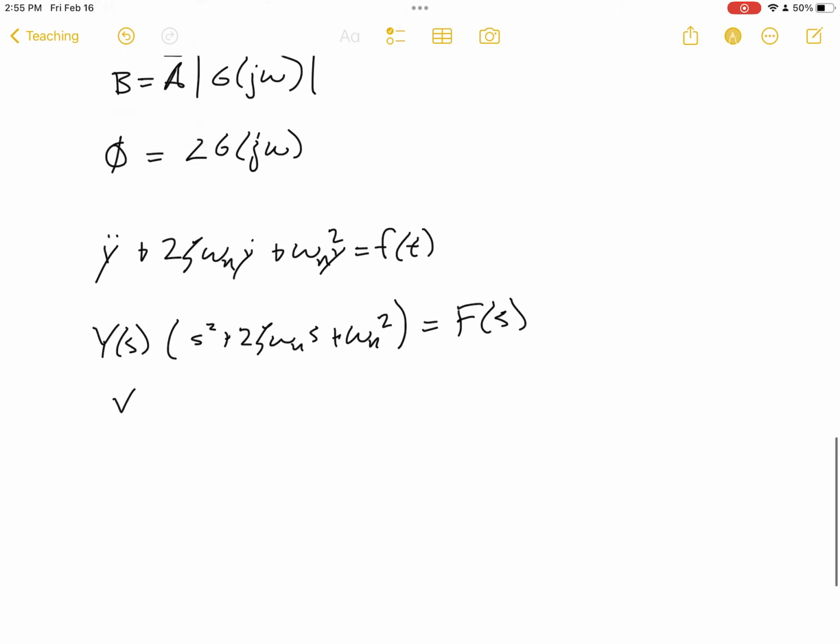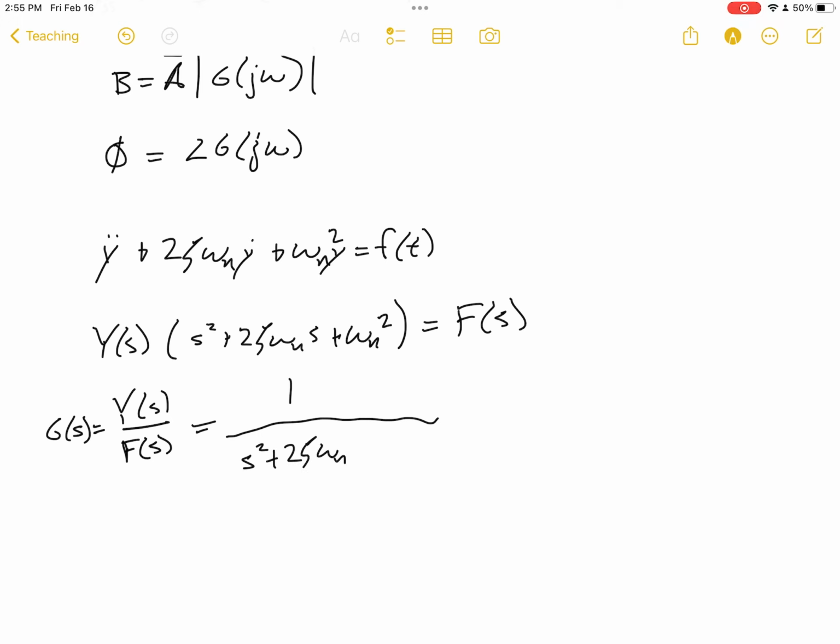And so g of s equals y of s over f of s equals 1 over s squared plus 2 zeta omega n s plus omega n squared.